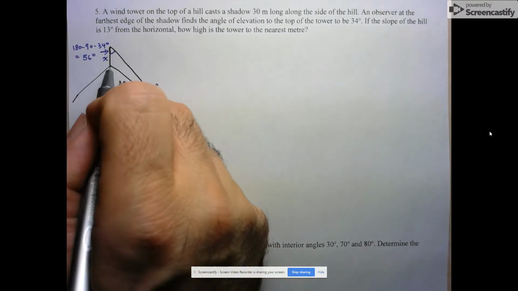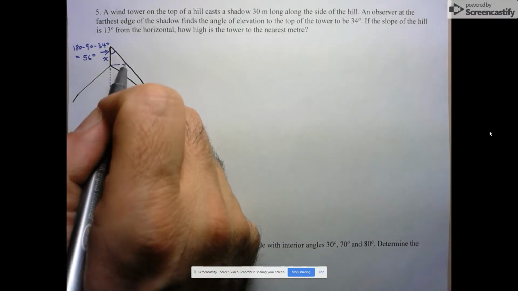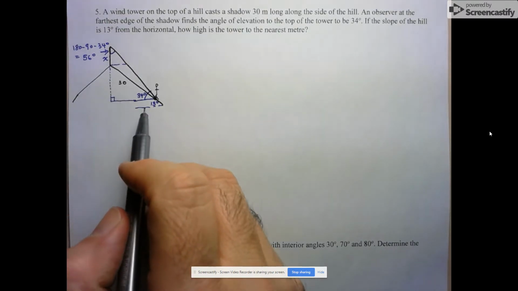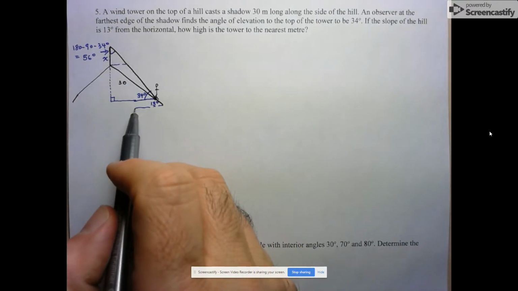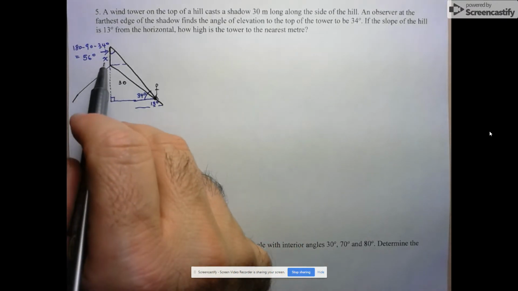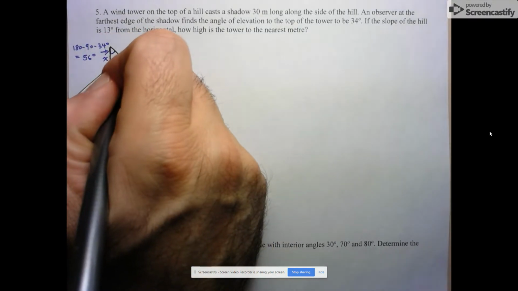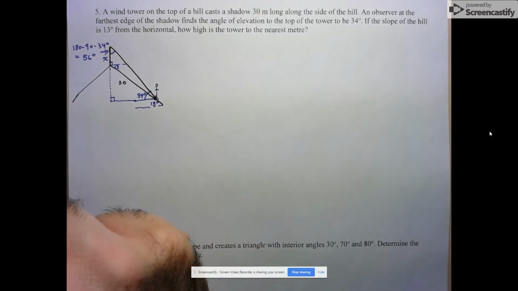Well, let's say I go to the top of the hill. Hey, look what I could do. I could draw a horizontal line parallel to this ground at the base of the hill. And we know by the parallel line principle that if this is 13 degrees, this will also be 13 degrees. But of course, this is just going to be 90.